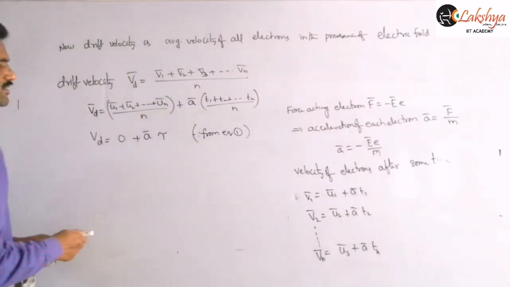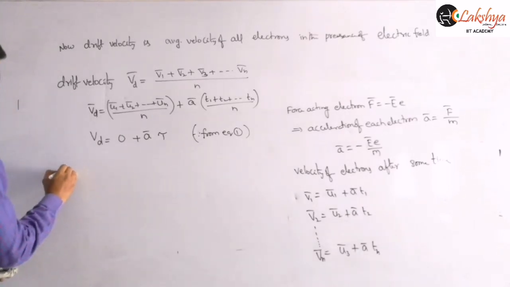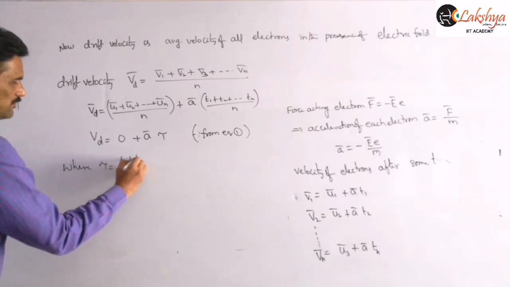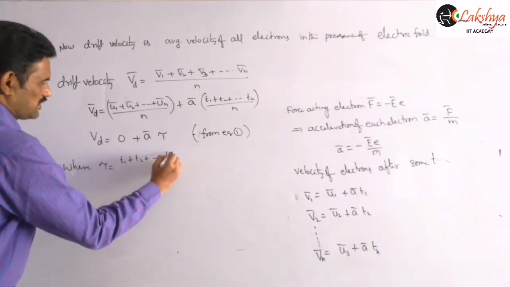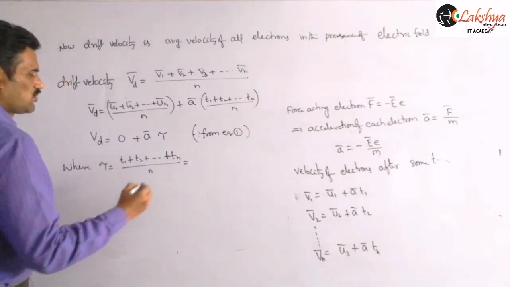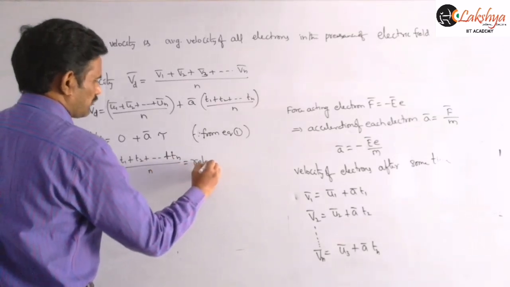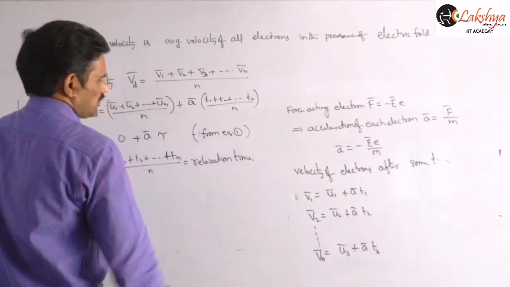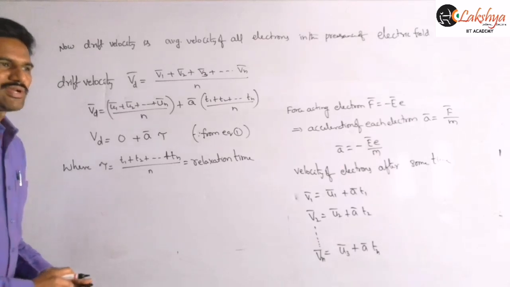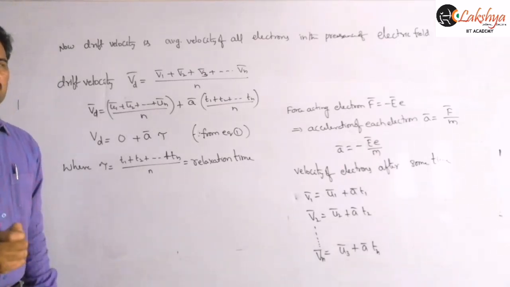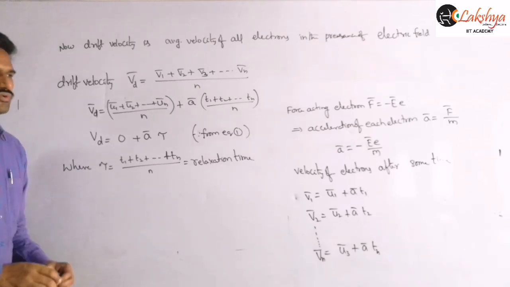The total term is replaced like this. So that means I can write this as where tau is equal to T1 plus T2 plus and so on plus Tn by n, and which we call as relaxation time. So relaxation time means the average time interval between two successive collisions.